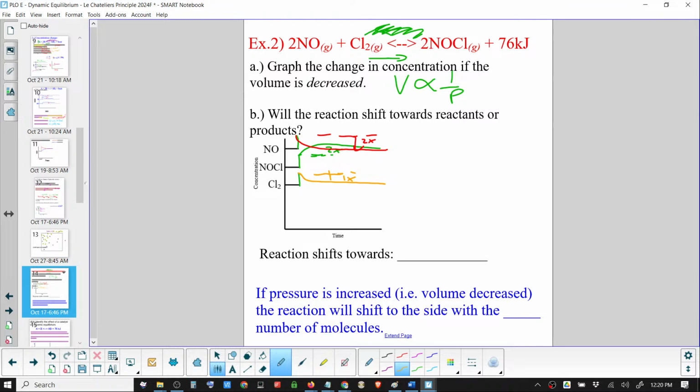So you can see it in the change. And now we have new equilibriums in this spot. So it shifts towards reactants. Wait, what? It wants to go to the products. Sorry. It wants to go to the products, so it shifts towards products.